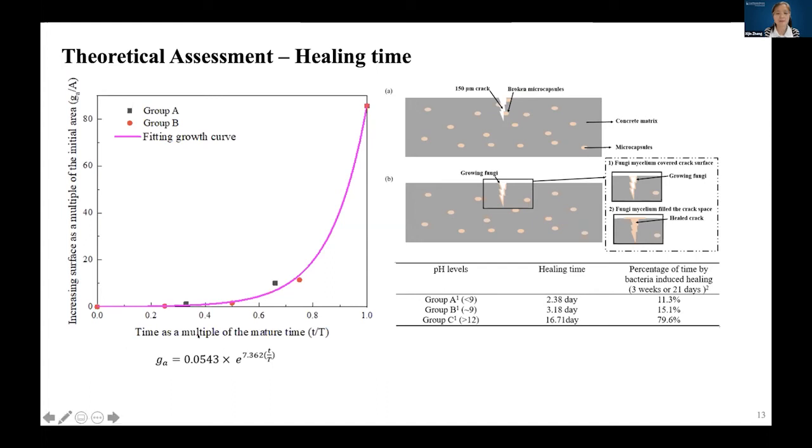Then we assume we inoculate fungi spores in the concrete structure to heal a crack with a width of 150 micrometers. We calculate the healing time at different pH levels based on their different growth behavior. Compared with the bacteria-induced healing technique, they can potentially reduce the healing time at different pH levels.